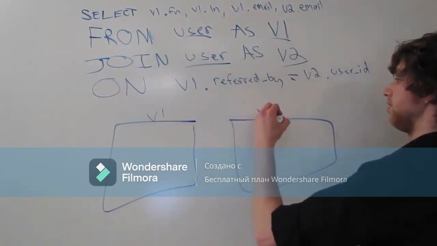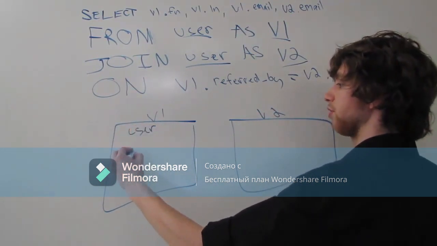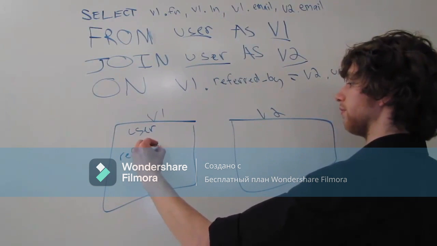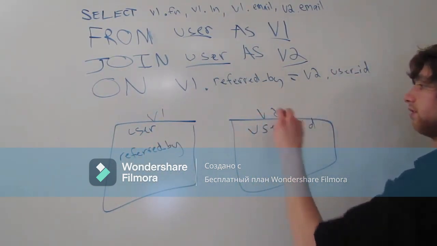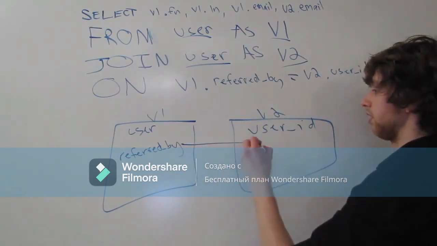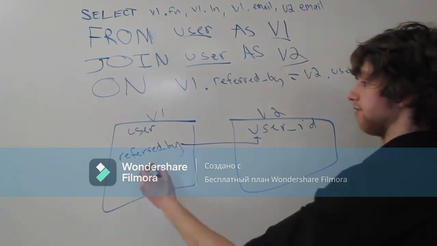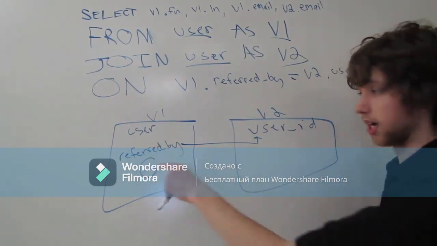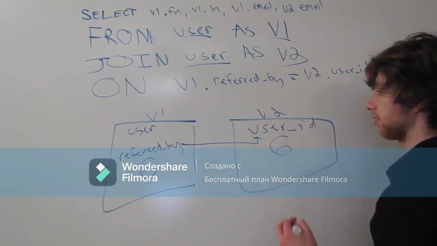Here's V1, here's V2. And we have a user ID, and then within here we also have a referred by. That's going to reference the user ID of the V2 table. So that means we need to make this connection and say that if there is a 6 over here in the referred by column, it needs to be the same as the user ID over here that has 6.